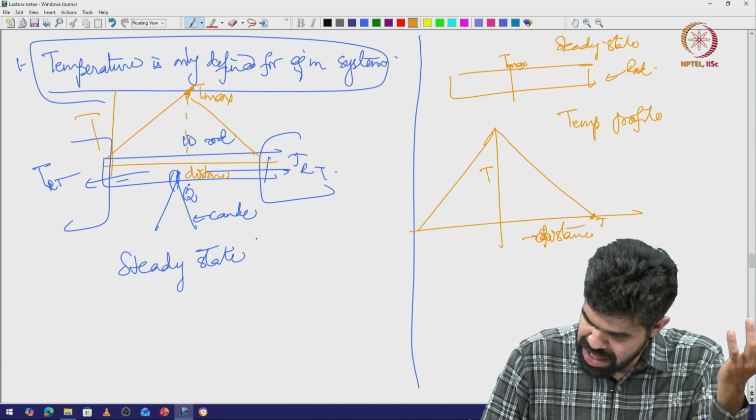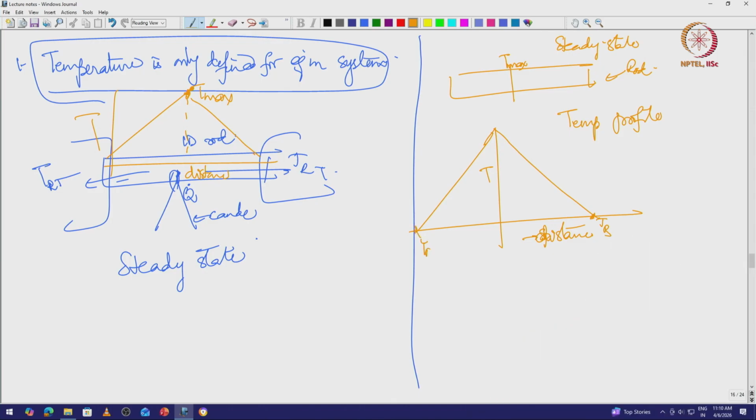This is T room temperature, right. At every point I am defining some kind of a temperature, that is why I am able to draw this graph, right. But this is not an equilibrium system, this is a system in steady state, right.